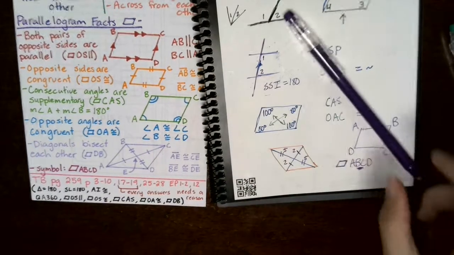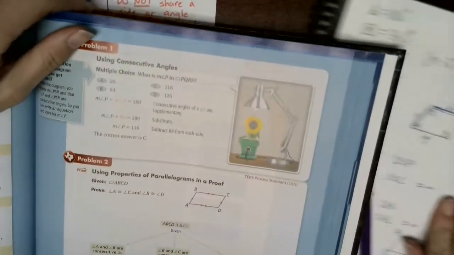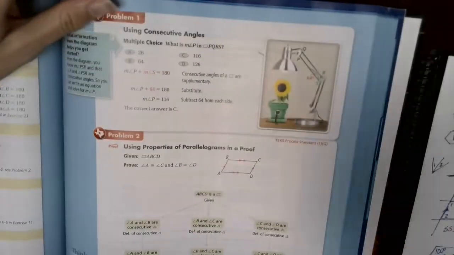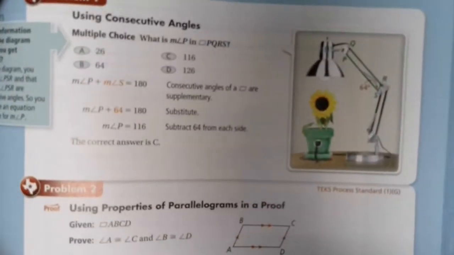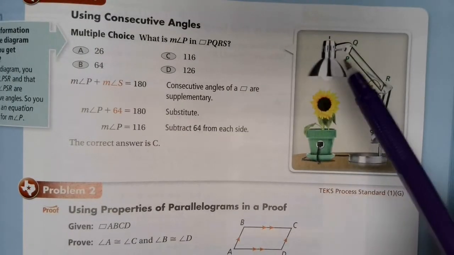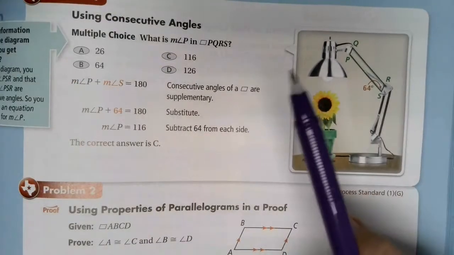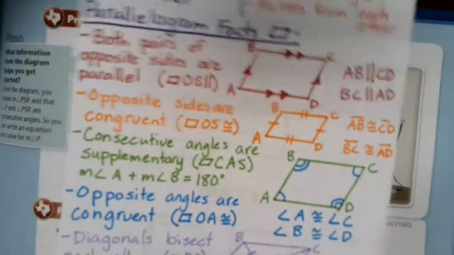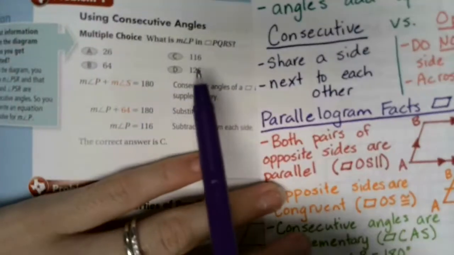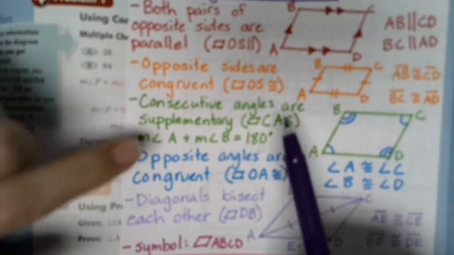I'm going to talk about some example problems real quick. So this first one, let's zoom in a little bit. As we can see, it's asking, what is the measure of angle P? Well, it says it's a parallelogram, so that's a key part right here. Are we working with angles or sides? Well, angles. What do we know about angles?